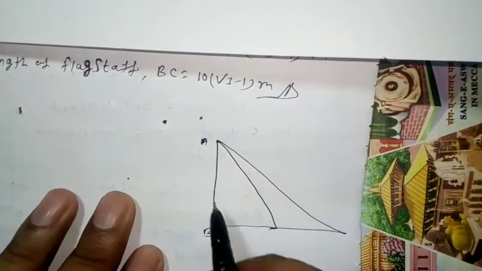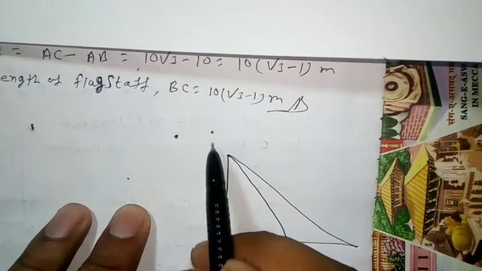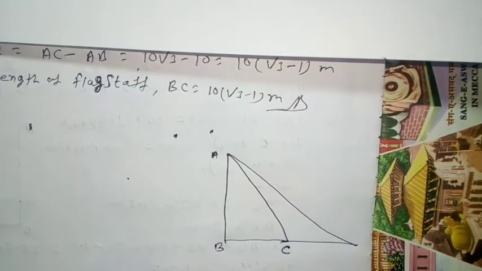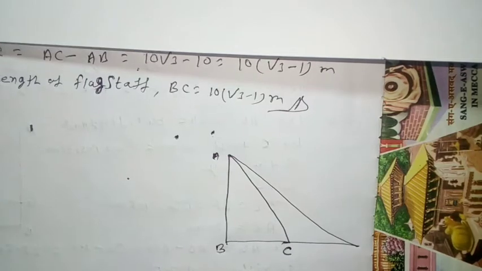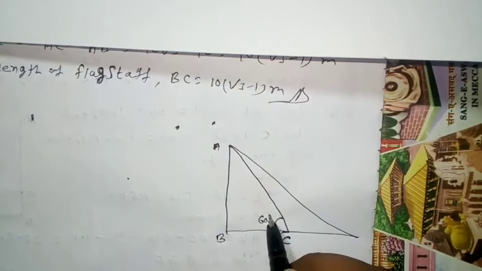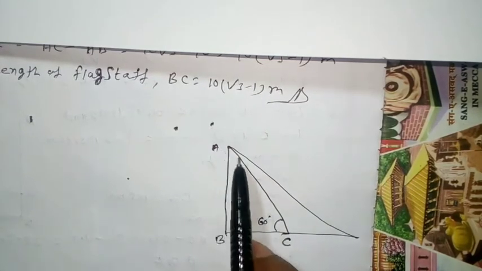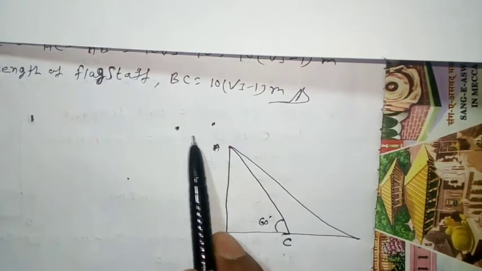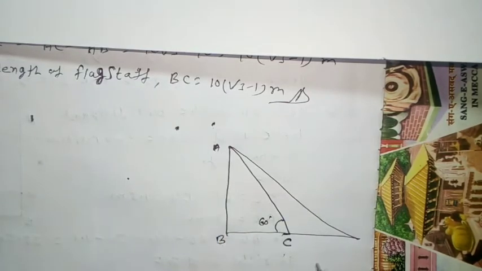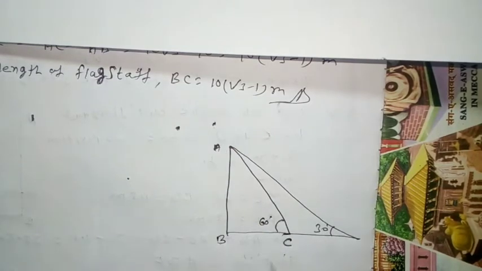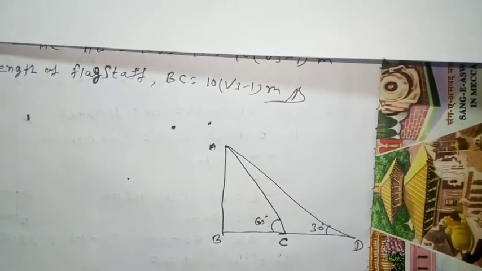It means that when the altitude of the sun is 60 degrees, then the shadow is BC. When the altitude of the sun is 30 degrees, then the shadow is BD.